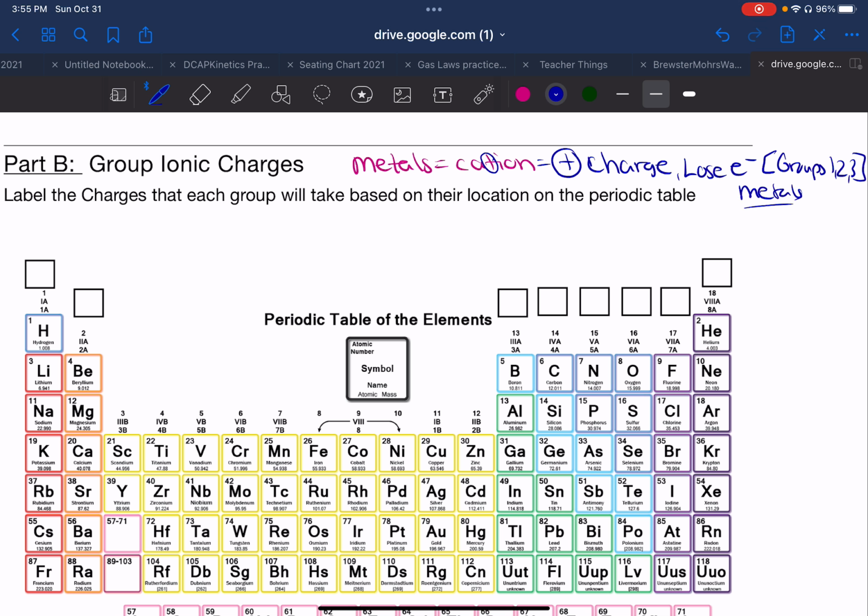And that's why you've got to know where your stair-step line is located, because that gives you your division. And we're going to find that along the stair-step line, we have others that are in groups that also are cations as well. So again, we go back to that stair-step line.